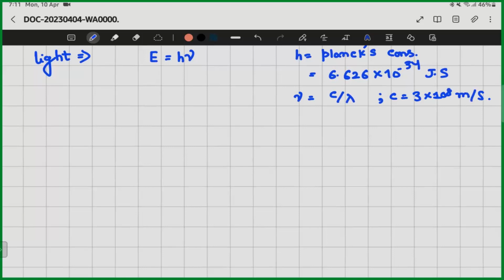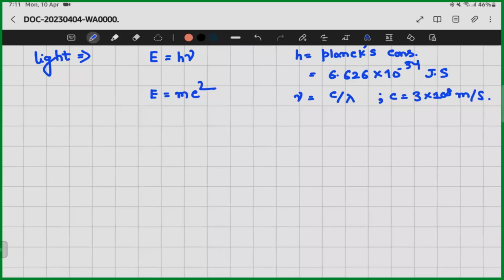Also, we know that E is equal to mc square. Not for light actually. When some particle is converted to energy, then this amount of energy will be released.